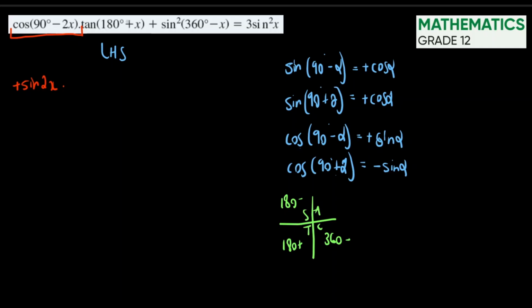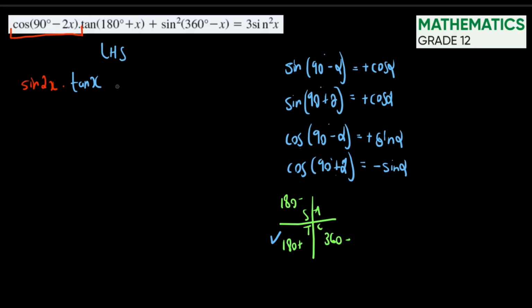So 180 plus is the third quadrant, and we can see that it's the quadrant where tan is positive. So tan(180° plus x), we know that tan will be positive, so we just simply write tan x. You may also write a positive sign there, but it doesn't matter much. I'm just leaving it out so that it doesn't seem cumbersome. And also, I was writing it so you see the method, so you can leave it out if you wish.